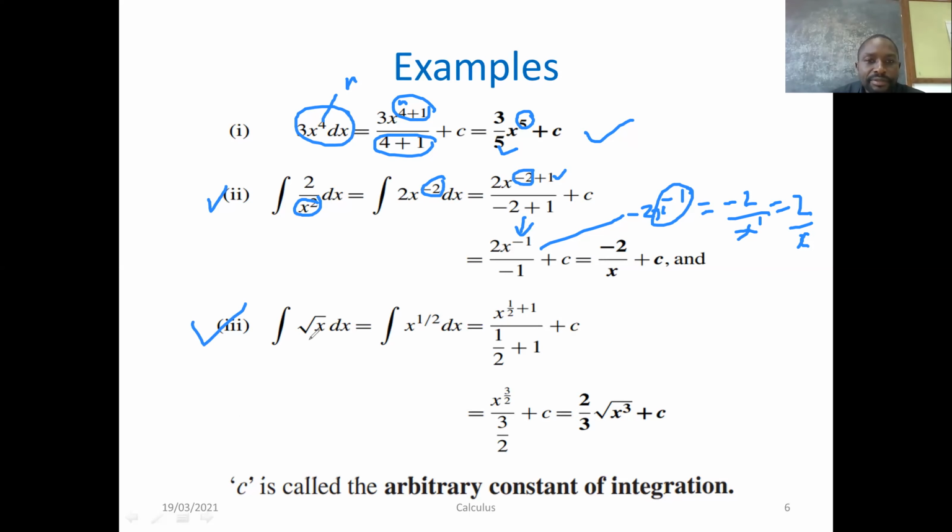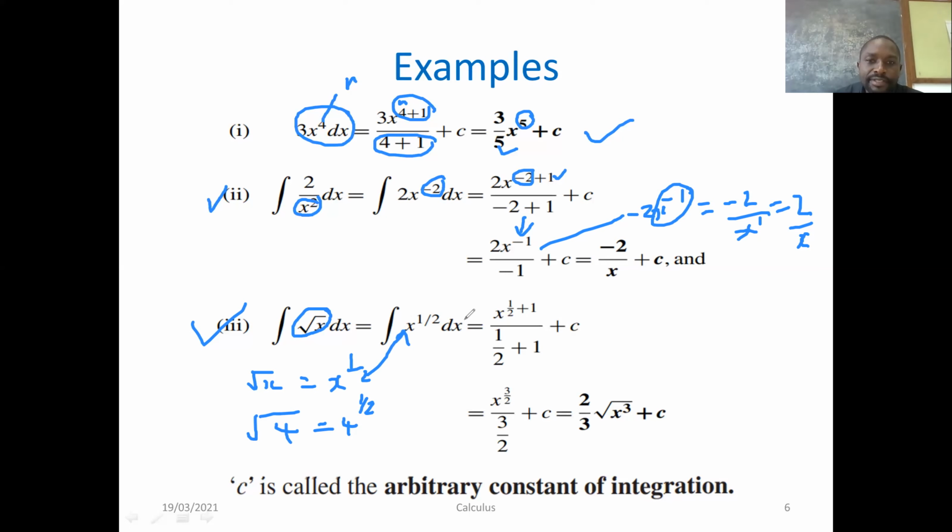Let's do another example, which is example number 3. Given the integral of root x dx, the first thing is to break this down. We know that root of x is the same as x to the power half, just like root of 4 is the same as 4 to the power half. Therefore, by writing this, we have x to the power half dx.